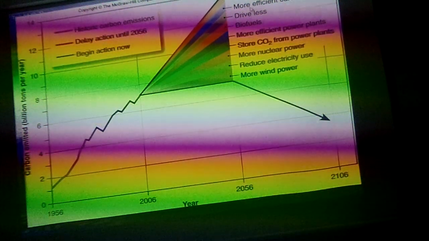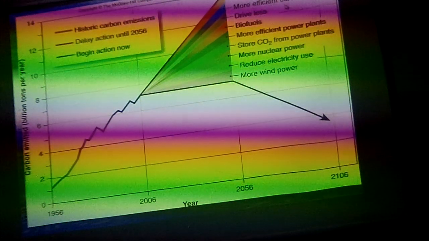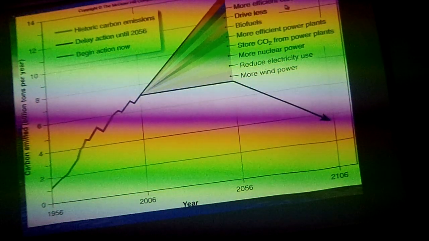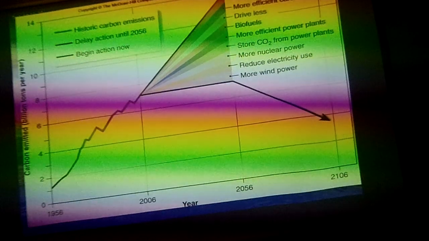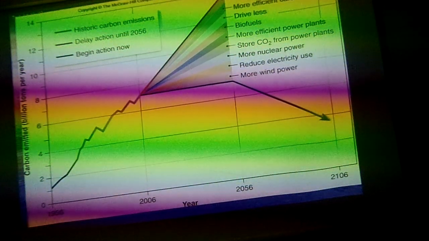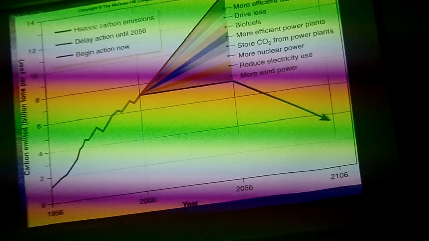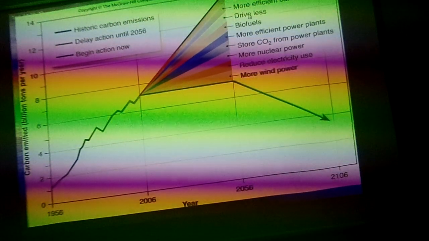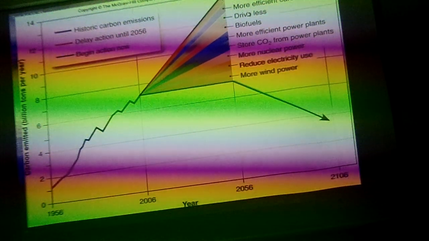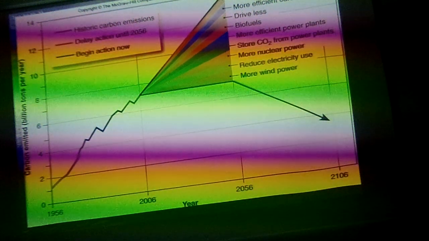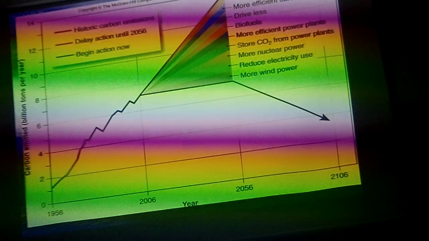Stopping deforestation, more efficient cars. You're going to see electric cars whether you like them or not. That's going to be the thing because they're so much cheaper. Most people will spend a couple $1,000s a year on gas. That's a lot of money.